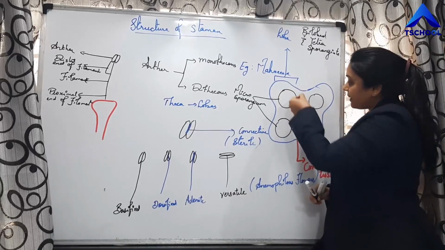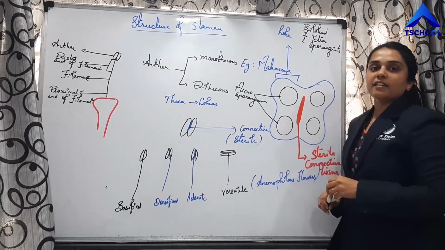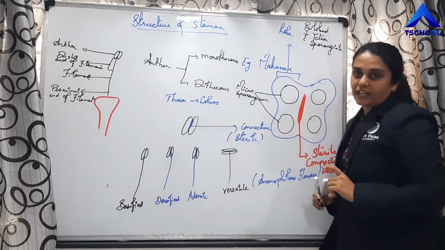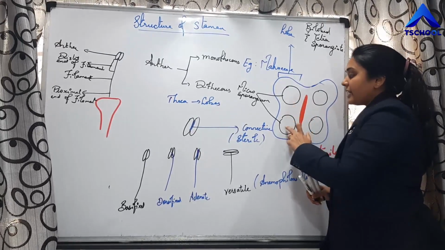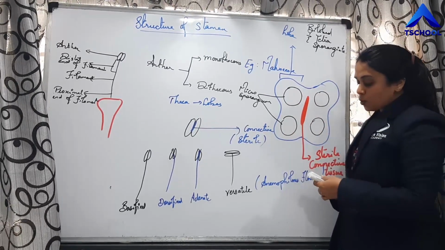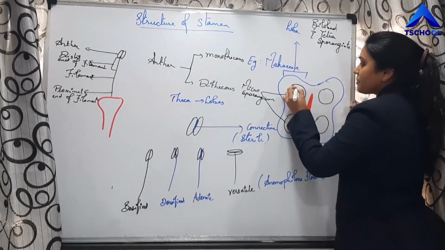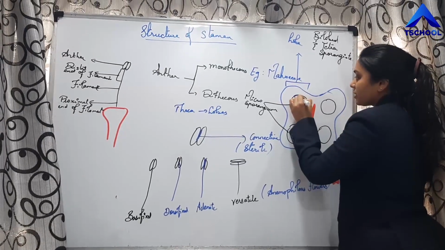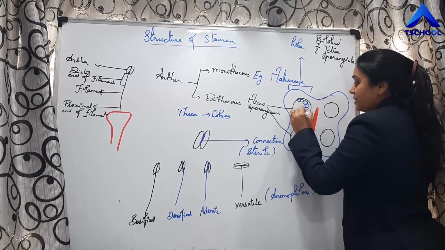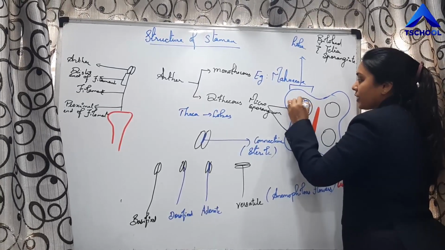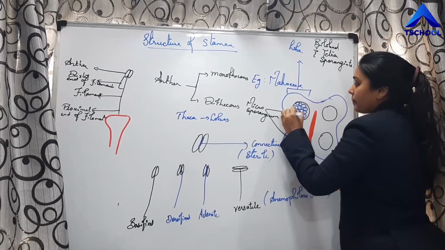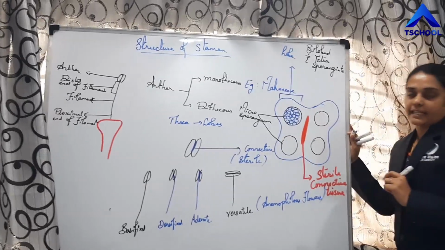Two lobes are there. The two lobes are connected by a sterile tissue which is called as connective, and each lobe possesses two microsporangiums, and these microsporangiums will be filled with the cells. These cells are actually undergoing the process of microsporogenesis.